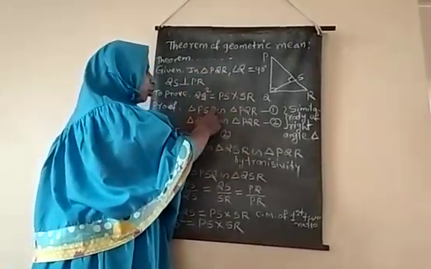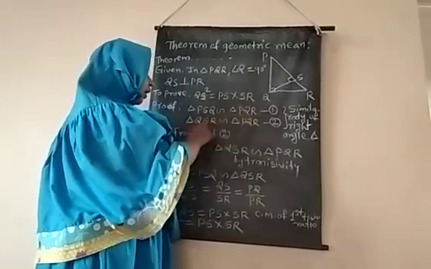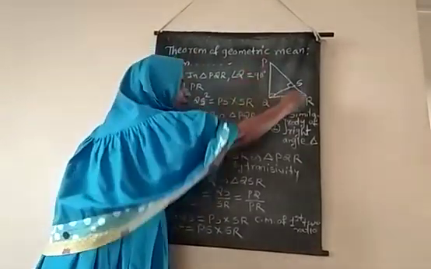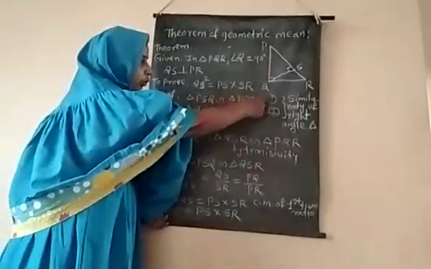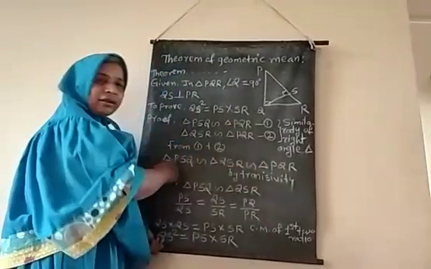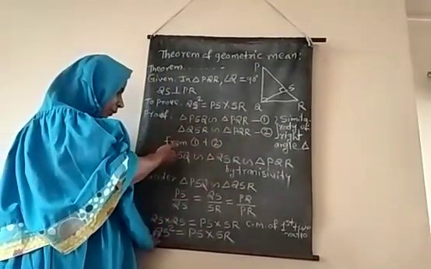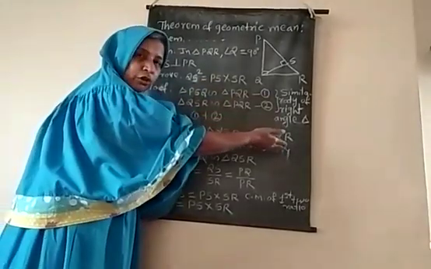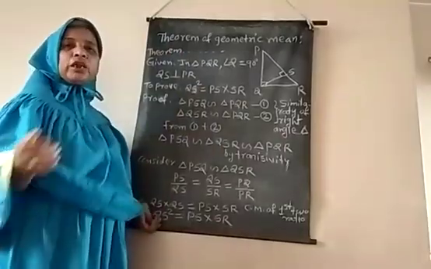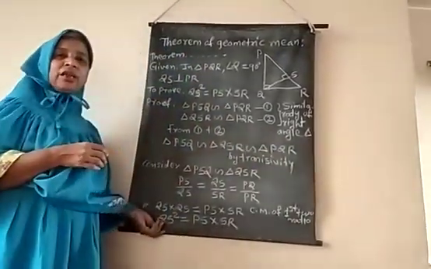And triangle QSR is again similar to the full triangle PQR. Equation 1 and equation 2. So all the three triangles, PSQ, QSR and PQR, are similar by transitivity, or by the similarity of right angle triangles.